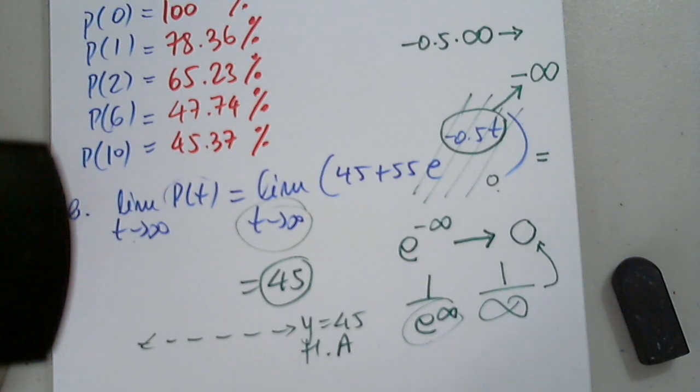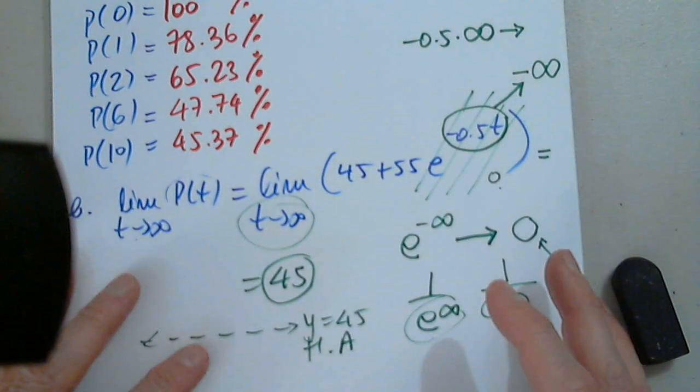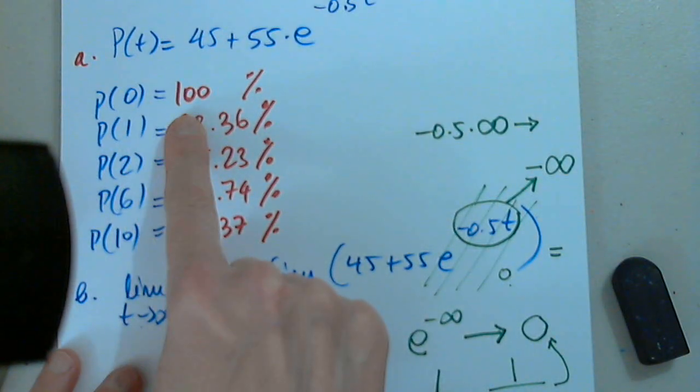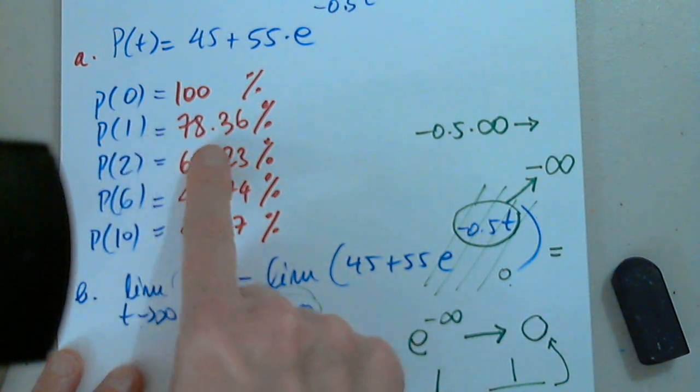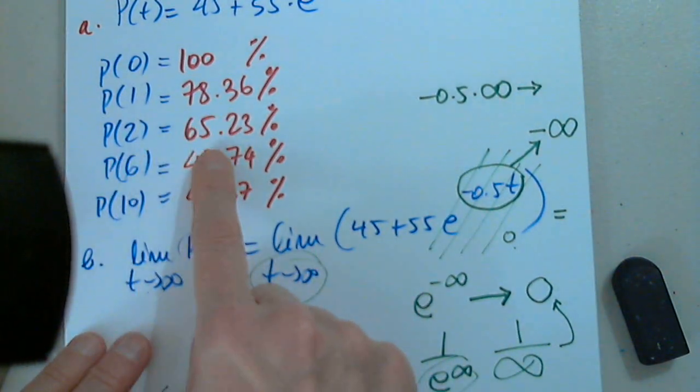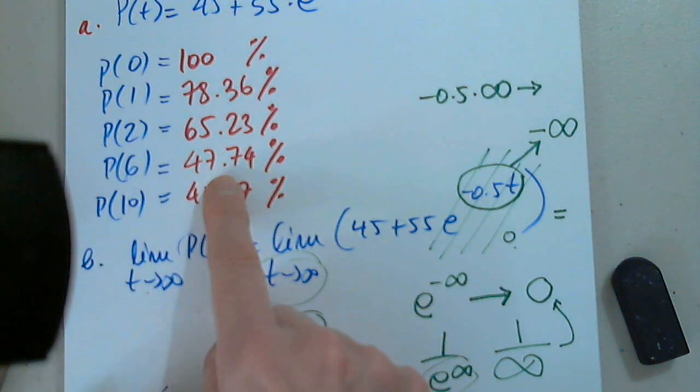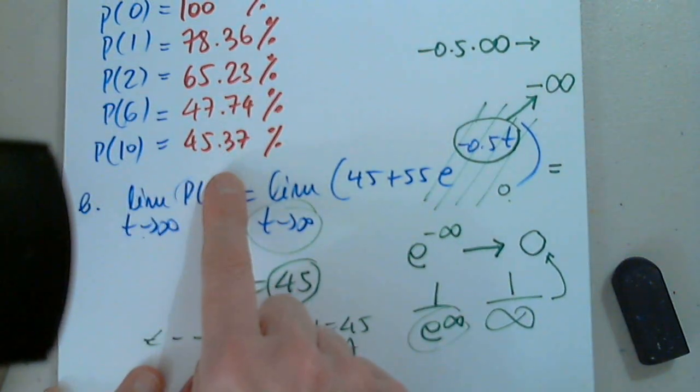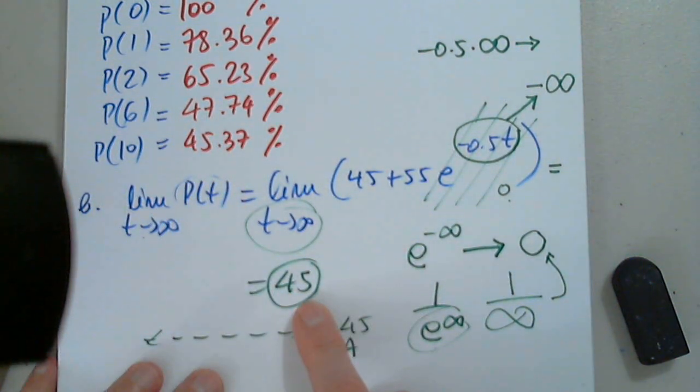Now, why is this not possible? Because look at what we just observed. At 0 is 100%. At 1 it decreases to this. At 2 it decreases to this. At 6 decreases to this. At 10 decreases to this, and eventually gets to 45.